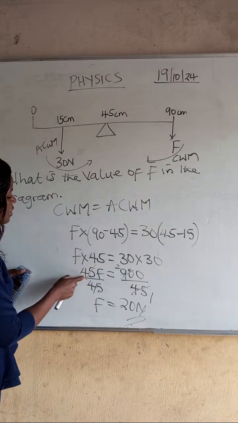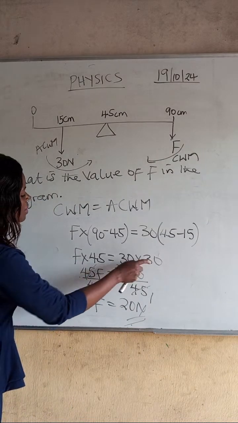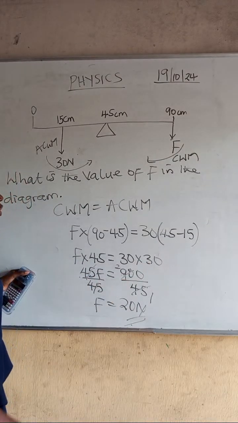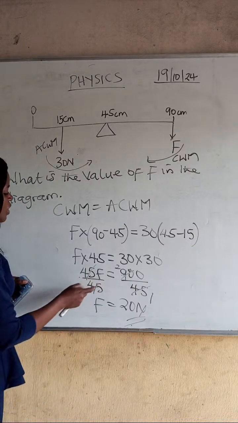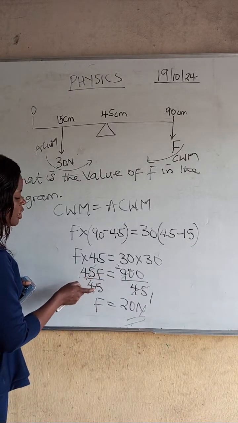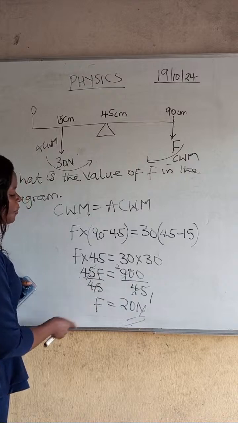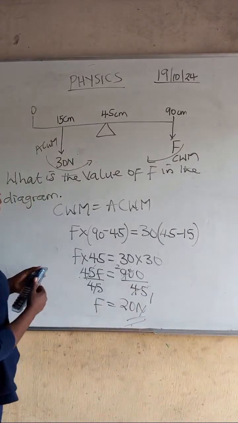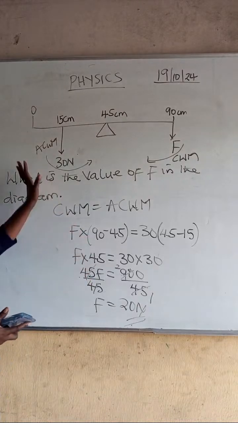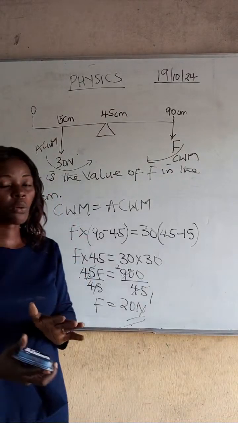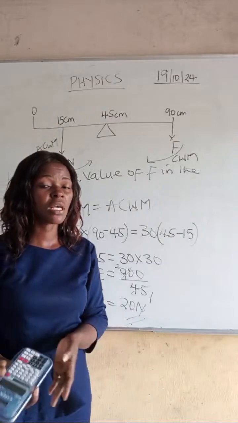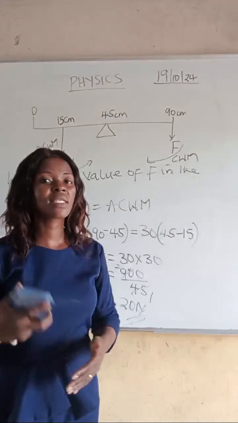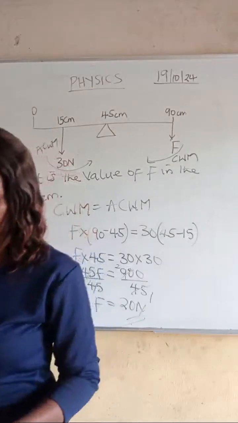So 45F is equal to 900 this time. So I divide both sides by the coefficient of F, which is 45, to give us F. 900 divided by 45 gives us 20. So this is how we can solve this problem using the principle of moment, which is clockwise moment equals what? Anti-clockwise.